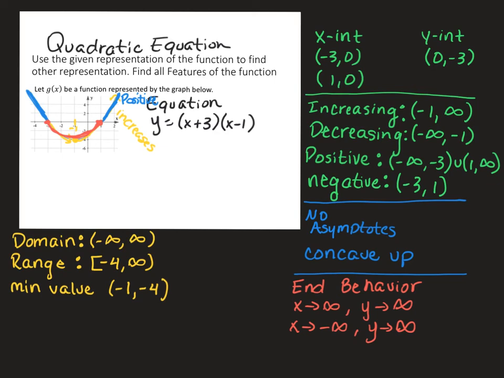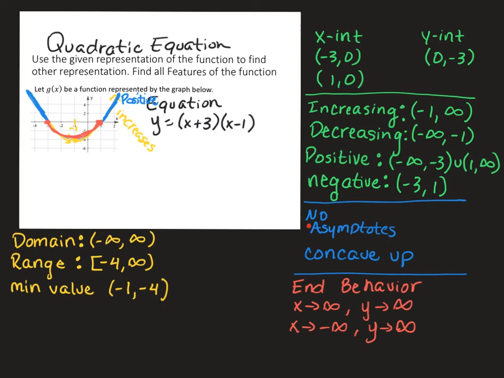So again, it's positive from negative infinity to -3, and then it switches to negative from -3 to 1. And then it switches back to positive from 1 to infinity. I'm using a union to connect my two positive sets of numbers.